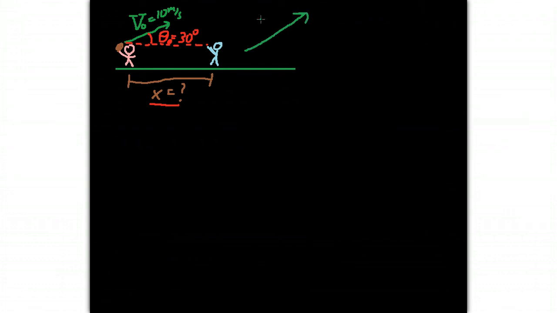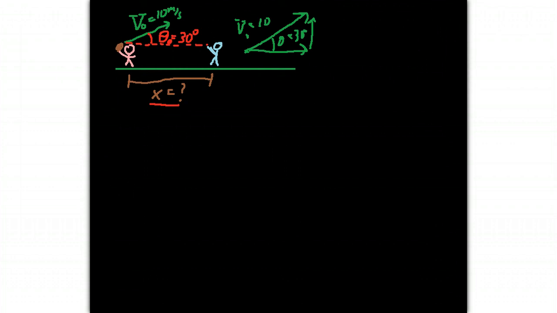So this is 10, and this is 30 degrees. The overall initial velocity is 10 meters per second at 30 degrees, and we need to get the horizontal velocity and the vertical velocity from this.